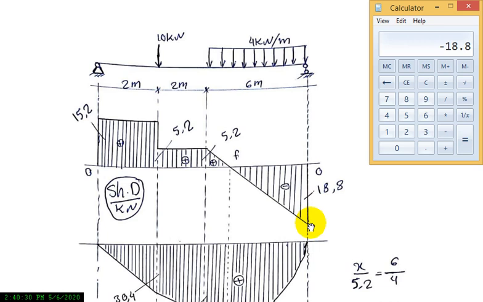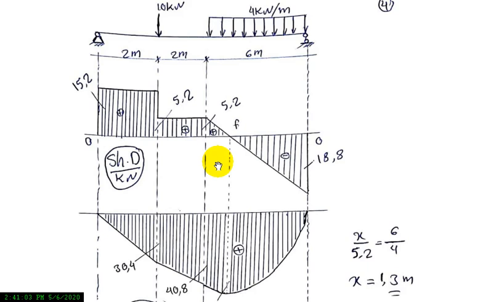This point is obtained. We draw a line and connect these 2 points, and this line is inclined because our load is a distributed load. It draws the shear force diagram, in the scale of kilonewton.